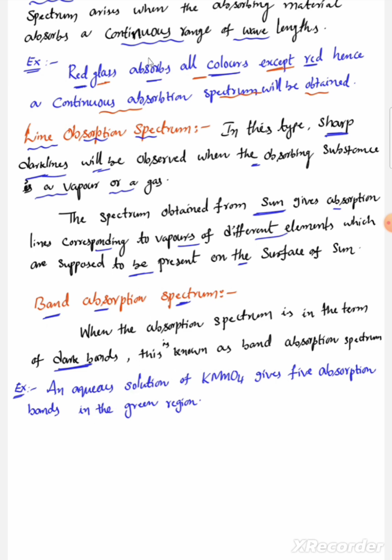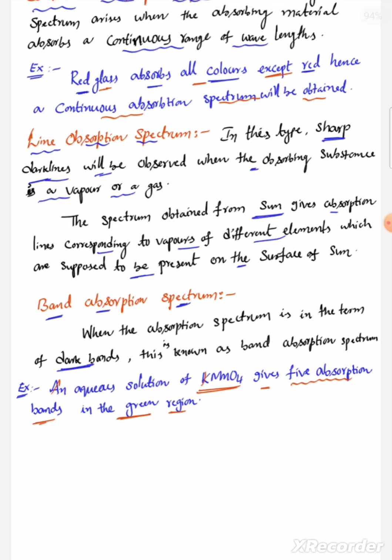For example, an aqueous solution of potassium permanganate, KMnO4, gives 5 absorption bands in the green region. This is the absorption band spectrum.